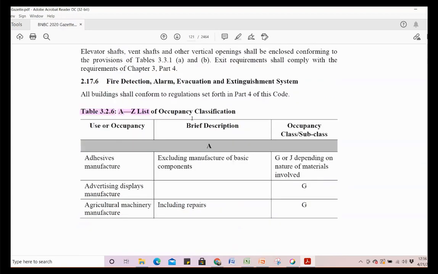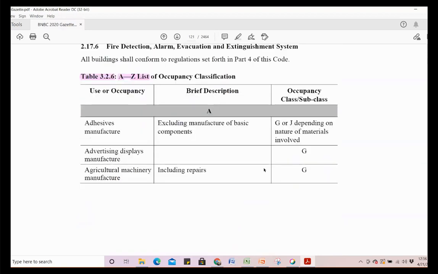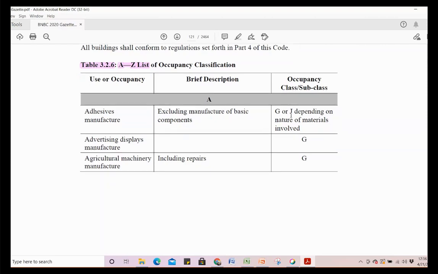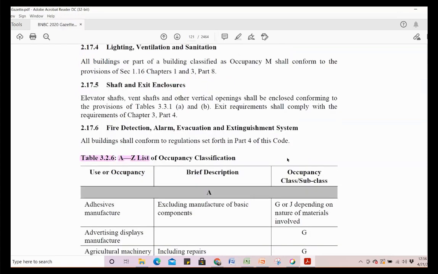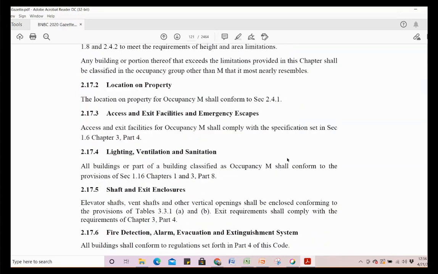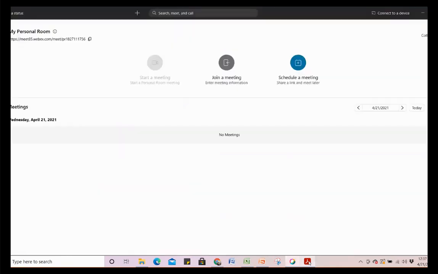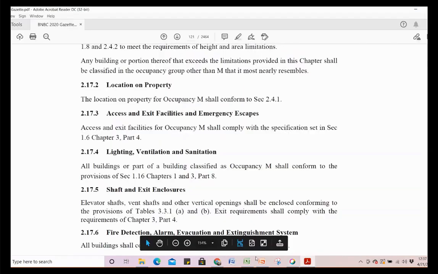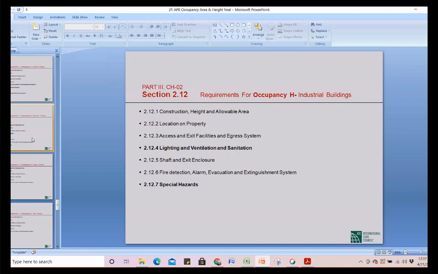And finally, the A to Z list is here, where many of the occupancies are listed below. We have already given an orientation about this A to Z list, and that's the last part of our segment 3.